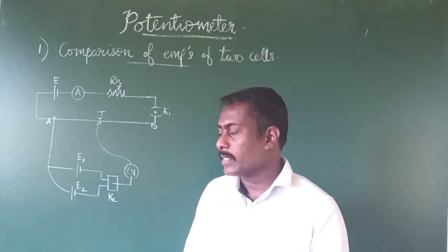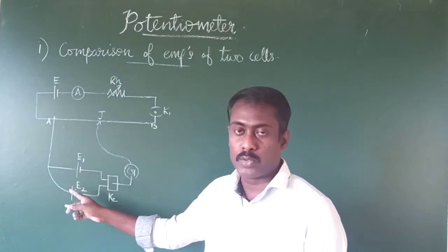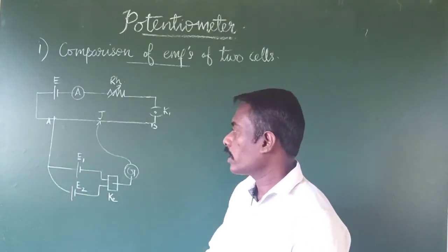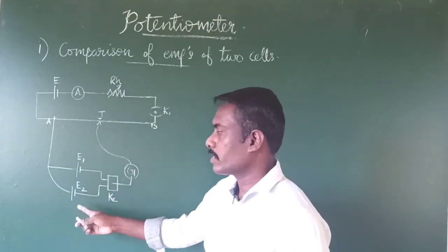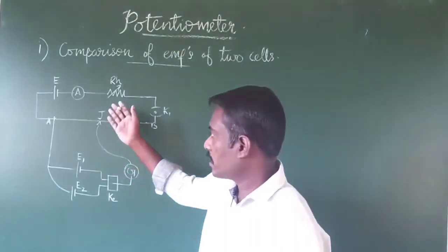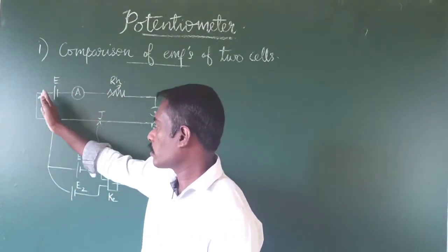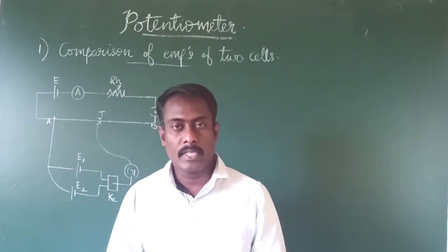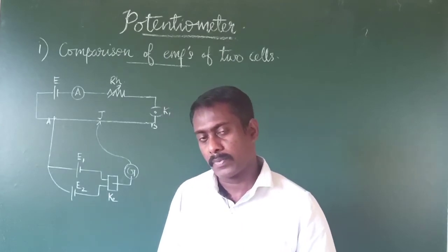If the EMF of the driver cell is less than the EMF of the other two cells, then we do not get an accurate value for the EMFs of these cells, because the potential drop across these two points will also be very small. So we do not get an accurate value for the EMFs of the cells.